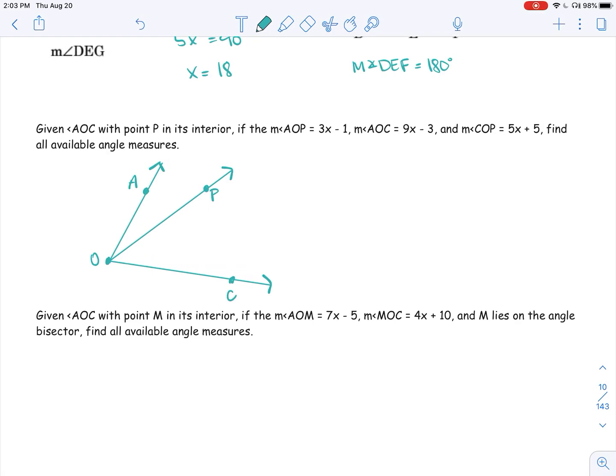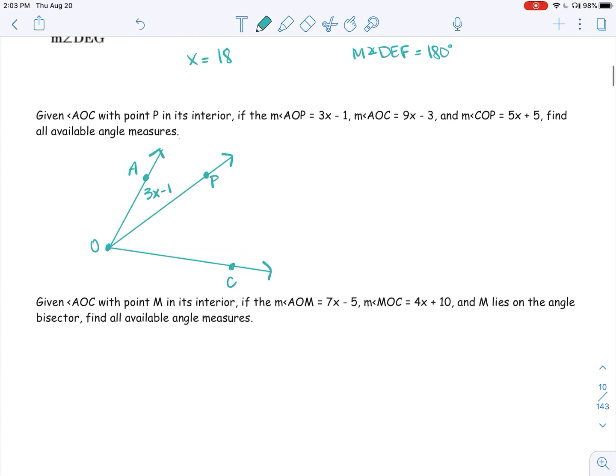The measure AOP is 3x minus 1. The measure of AOC, so all of this, is 9x minus 3. And the measure of COP is 5x plus 5. It wants us to find the value of x and then find all available angle measures.